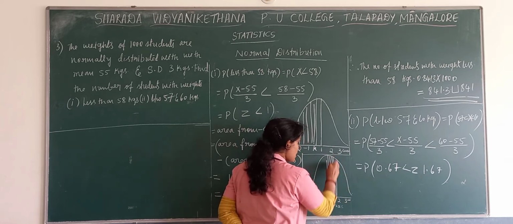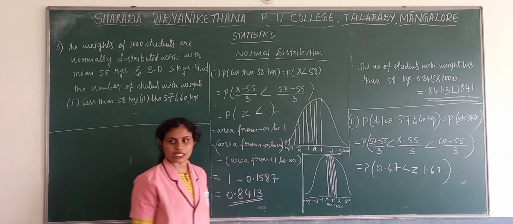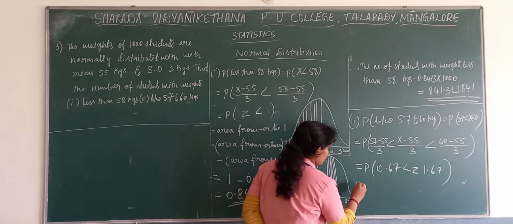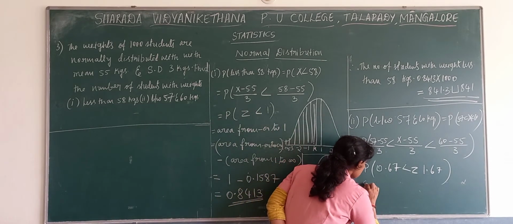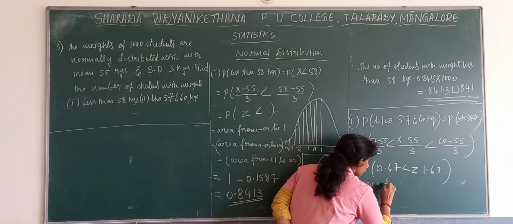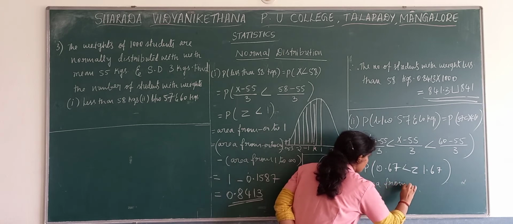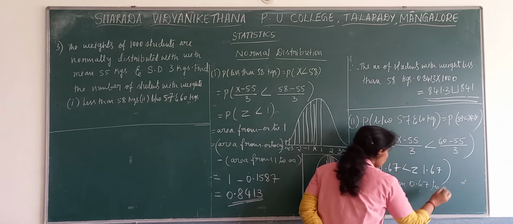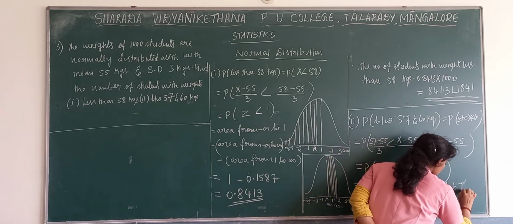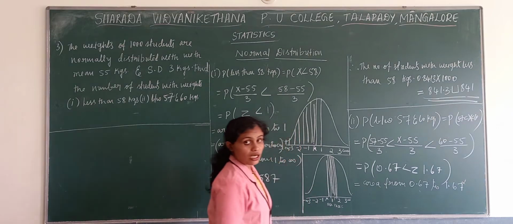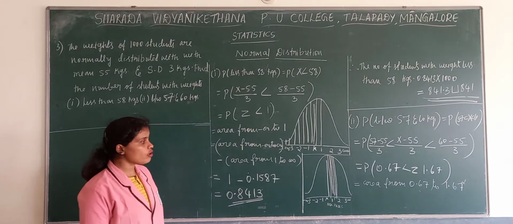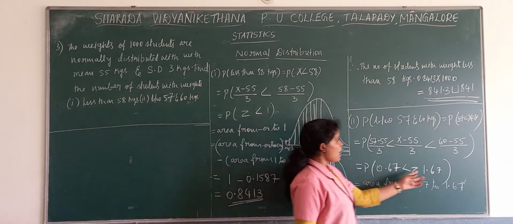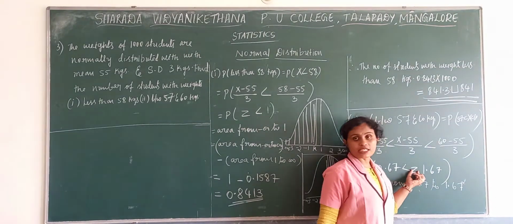So this is the area of Z. So what is the area there? The area is the area from 0.67 to 1.67. Now how to find out the value of this Z?